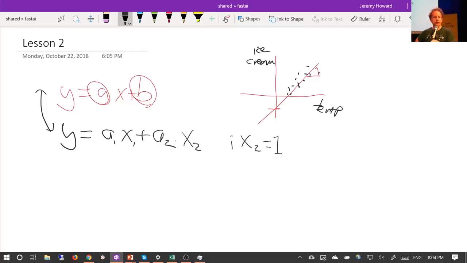And so each one of those dots, we might hypothesize, is based on this formula, y equals a1 x1 plus a2 x2, right? And so basically there's lots of, so this is our y, this is our x. There's lots of values of y, so we can stick a little i here. And there's lots of values of x, so we can stick a little i here.